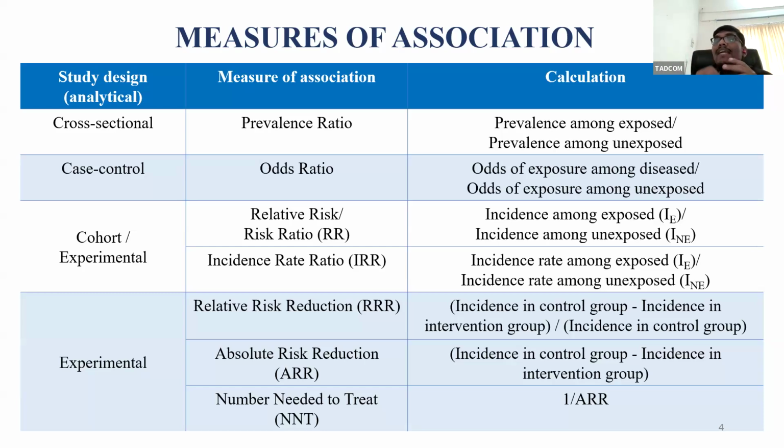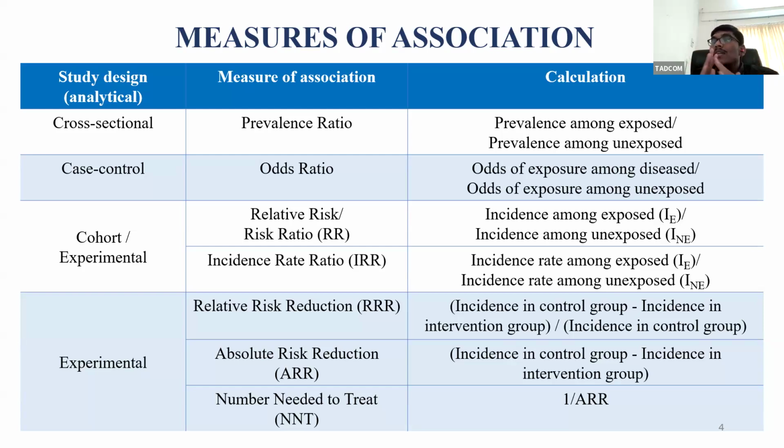Only when we calculate the incidence and follow the participants for a certain time period can we give the measure in the form of risk. Then only can we use relative risk, or incidence rate ratio, or in case of experimental study, relative risk reduction. Then only can we use that term as risk.